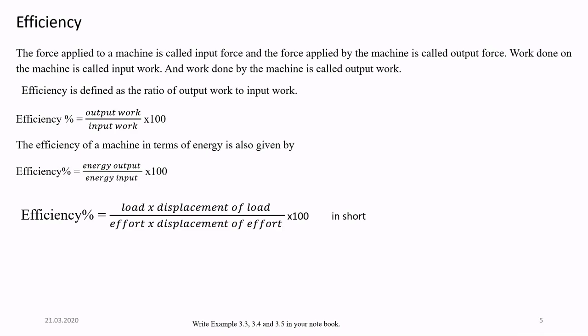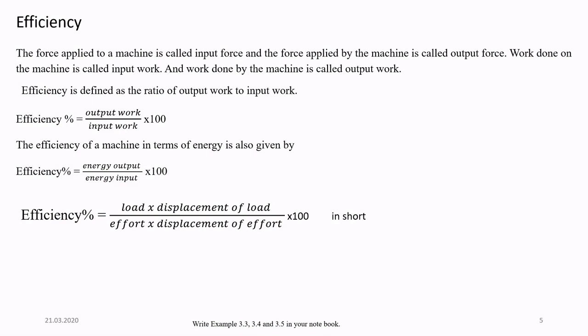Sometimes we have a machine which moves, like a pulley that lifts things; we move the effort and we move the load. In that case, the efficiency of the machine can be calculated by load times displacement of load divided by effort times displacement of effort.